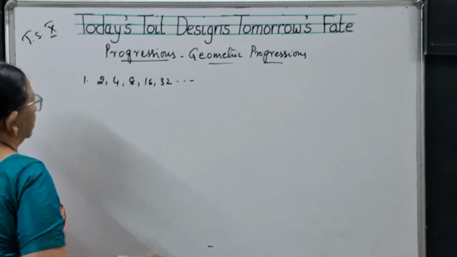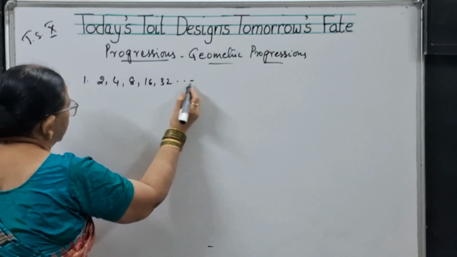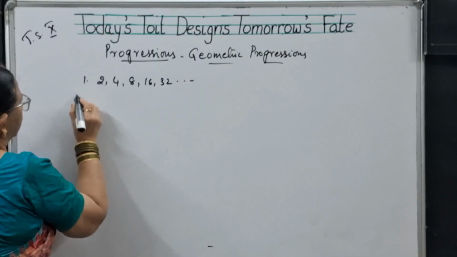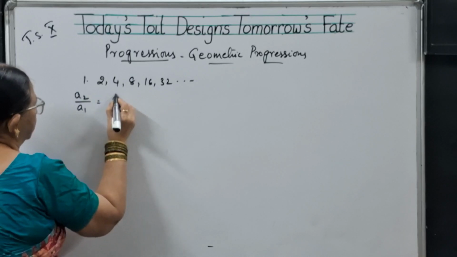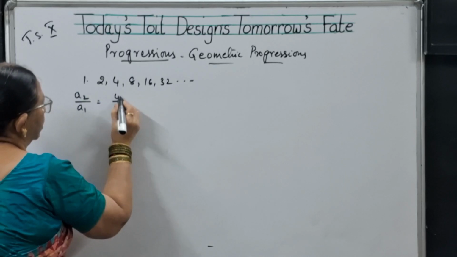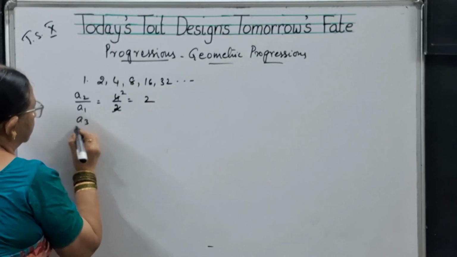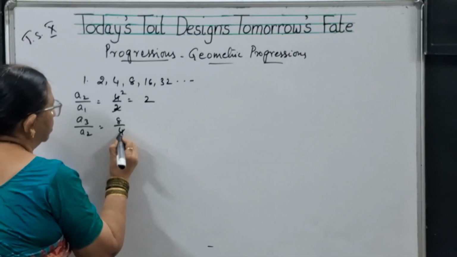See children, we have got term 1, term 2, term 3, term 4, term 5, and so on. That is A1, A2, A3, A4, like that. So if I take the second term and divide it by the first term, that is 4 by 2, how much am I getting? I am getting 2. Let me take the third term and divide it by the second: I am getting 8 by 4.